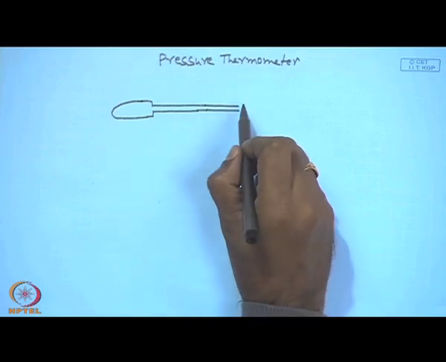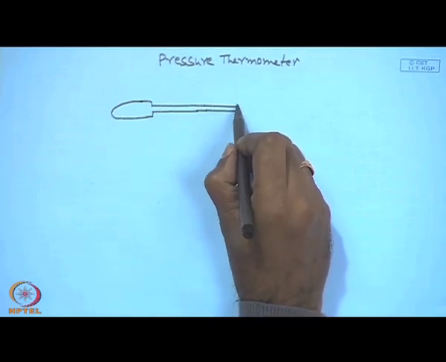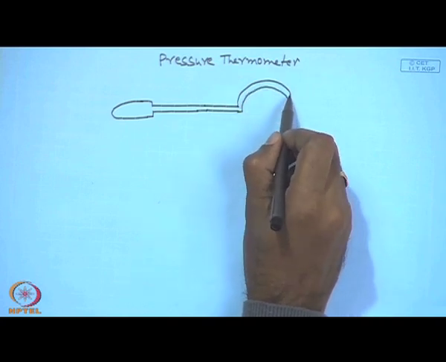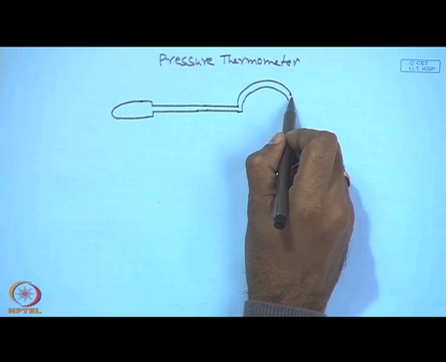Then the tube and a Bourdon tube is connected. For simplicity, let us draw a C type Bourdon tube.